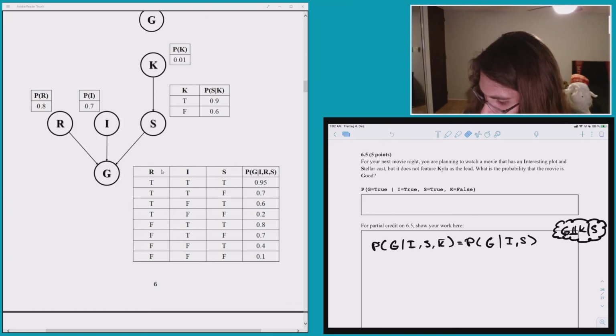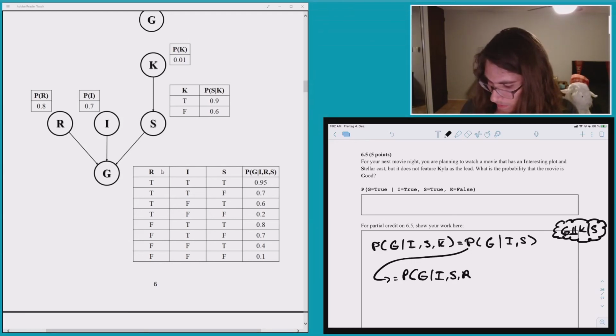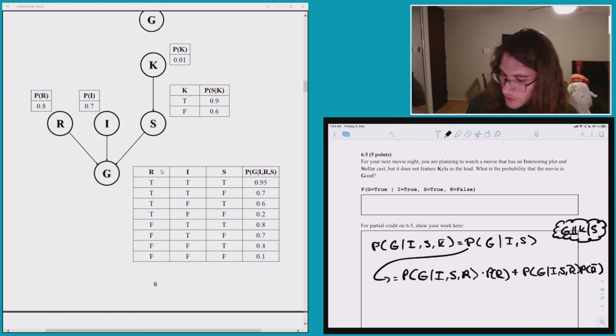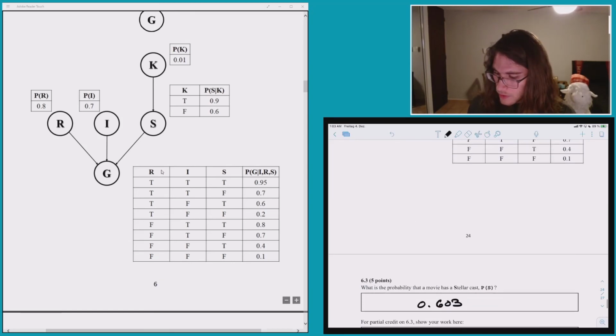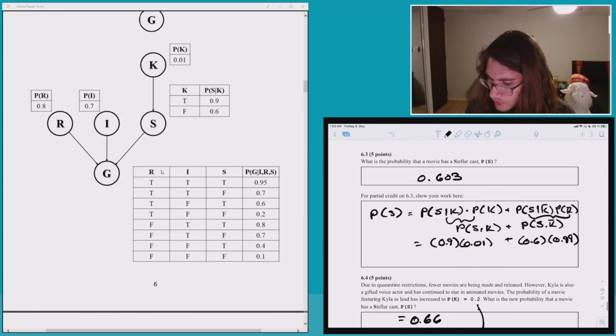So I know that this is equal to P of G given I, S, and R times the probability of R, plus the probability of G given I, S, and not R times the probability of not R. And this is the same logic of using the exhaustion principle and the chain rule together that I did in question 6.3.